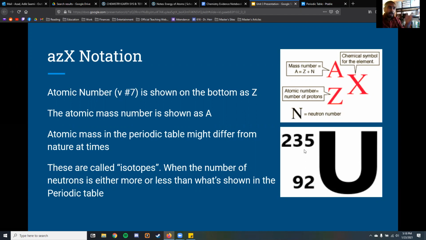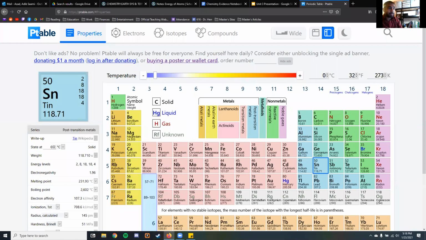Now, the mass number might vary sometimes, and this is why this notation is useful. Atomic number will never vary, right? We know what an element is based only on its atomic number. So if I have 34, that's my atomic number, that's my number of protons. And that gives us the identity of this element.